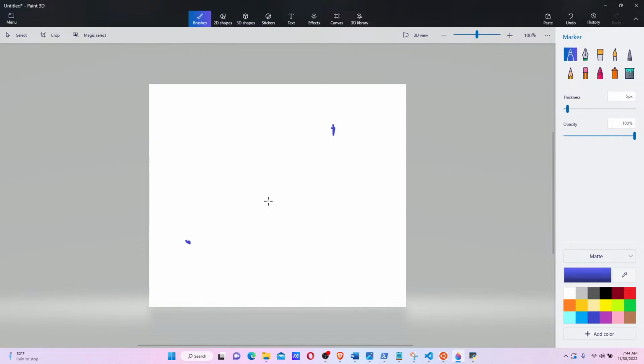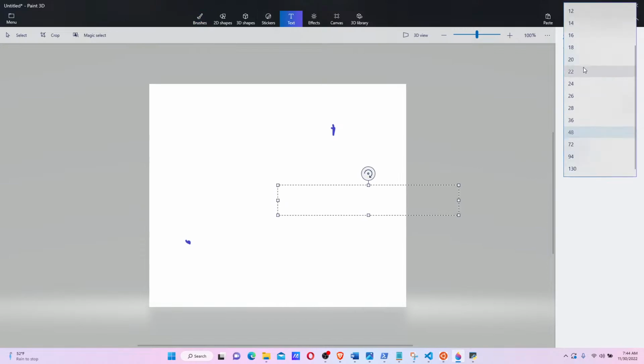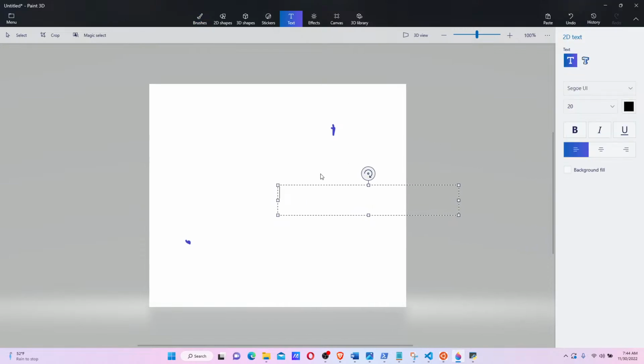So you say sine theta, oops, sorry for that noise.